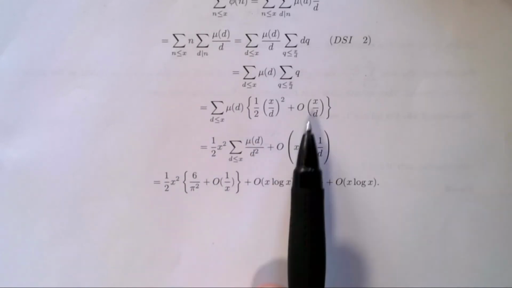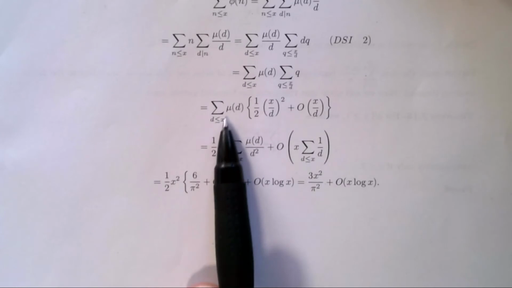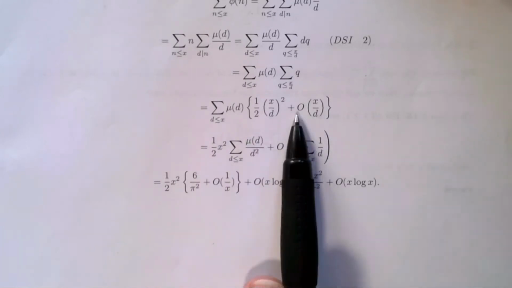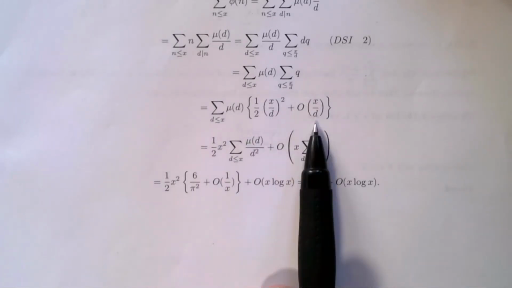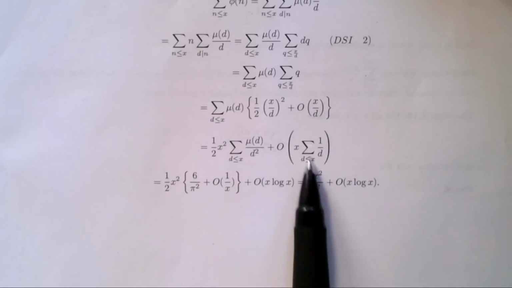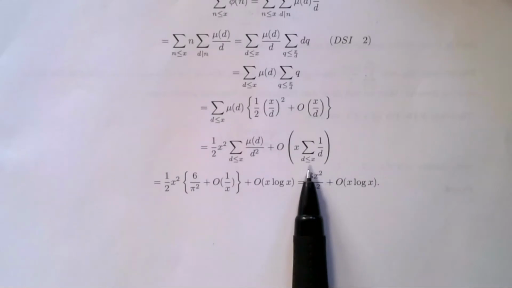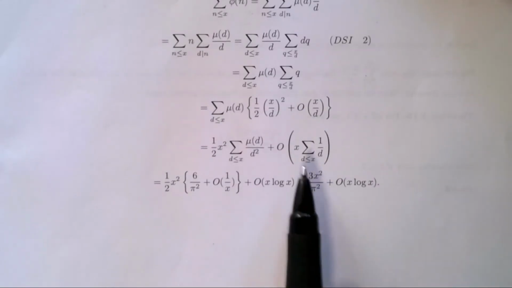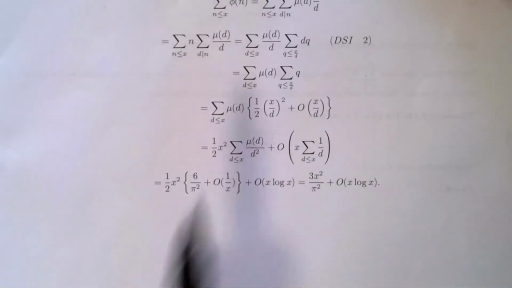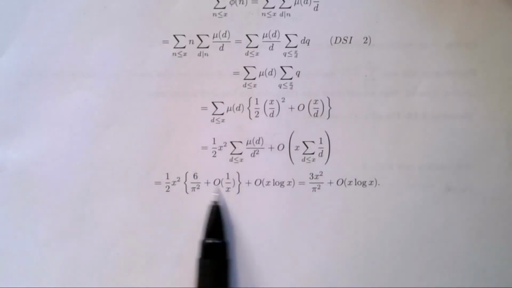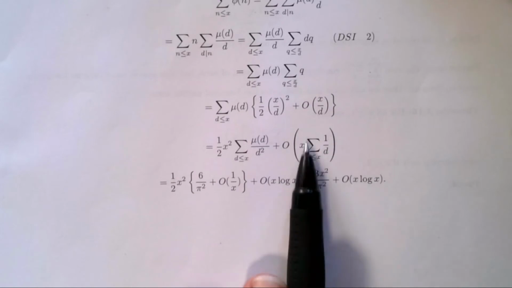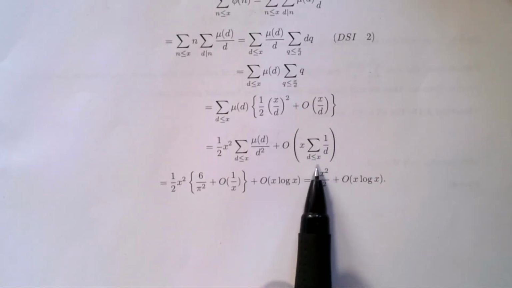And I've got the sum over d of functions of big O, so of order x on d, so this is x times sum of 1 over d. And we had a formula for this one from before. We saw this was 6 on pi squared plus big O 1 on x. And we saw before that this sum in here is big O log x, so this is big O x log x.